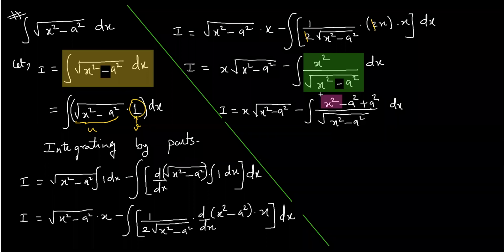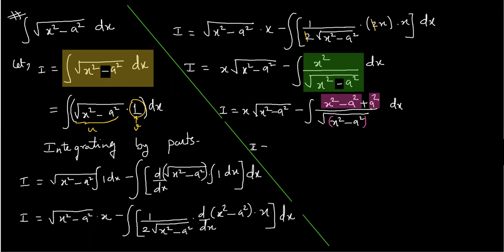Now what we will do, we have repeated the content of the square root in the numerator. So here I have the square root of x square minus a square, and the square root of x square minus a square in the denominator. That's why I tried repeating the content of the root in the numerator. Now I will split this denominator.